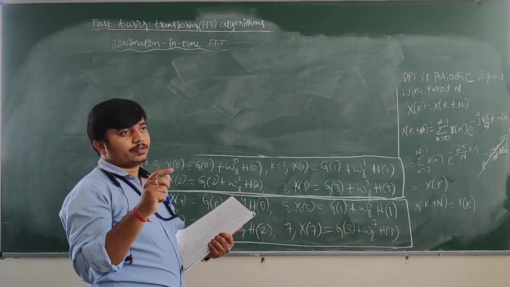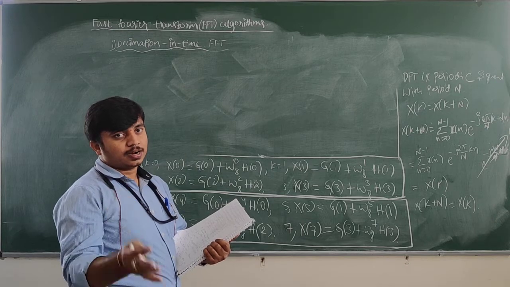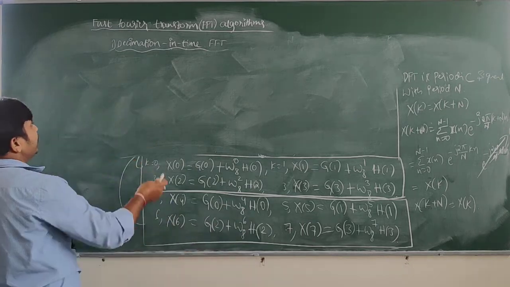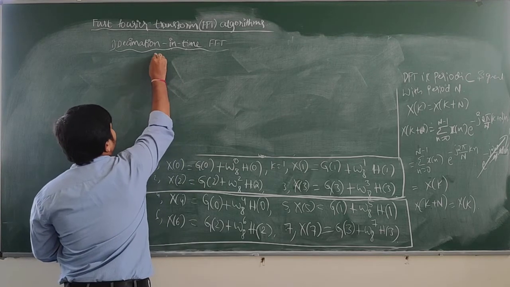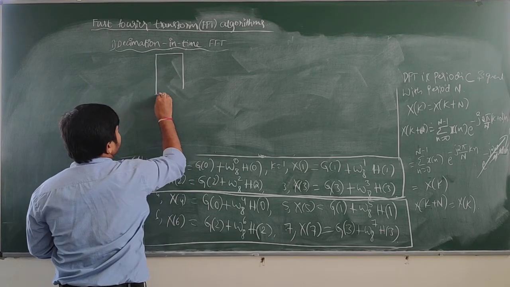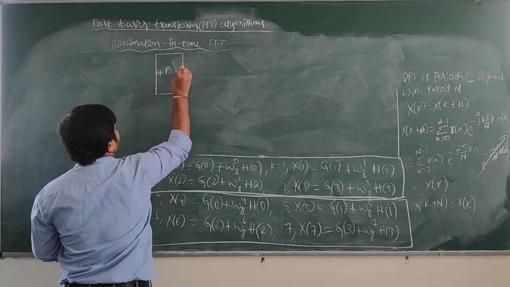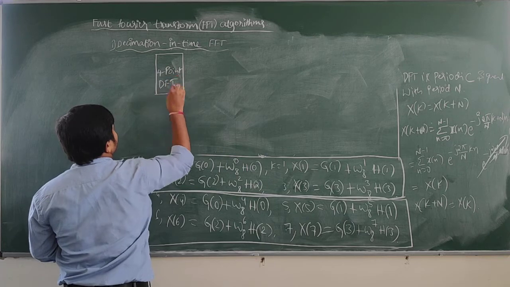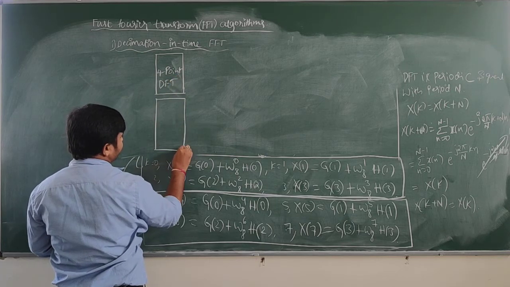In the 8-point DFT I have split it into two sequences, one is the even sequence and another is the odd sequence. Therefore I will split that 8-point DFT into two 4-point DFTs. This is one 4-point DFT, and again I have one more 4-point DFT.